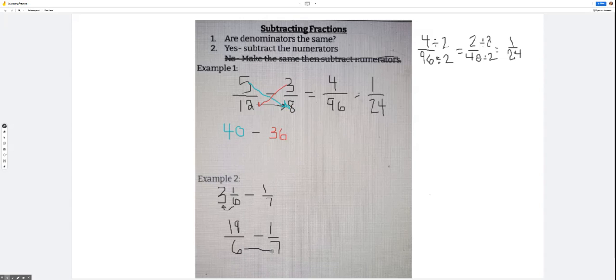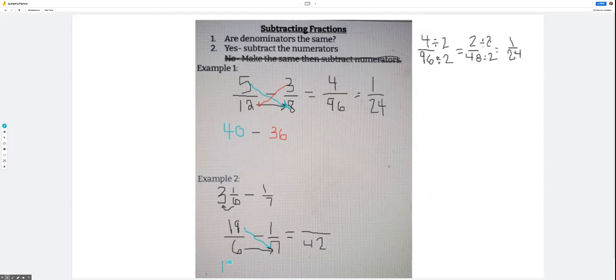So we're going to say 6 times 7. 6 times 7 is 42. That's our denominator. Starting with the number in the top left, we're going to say 19 times 7. 19 times 7 is 133.